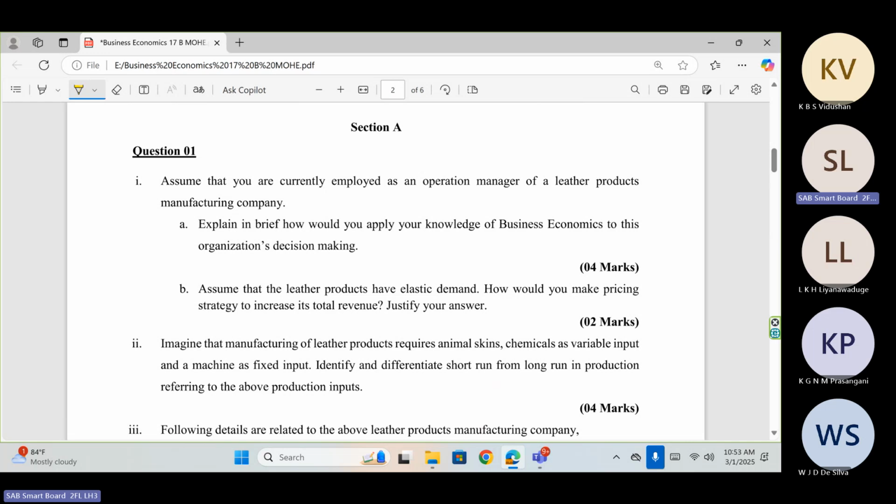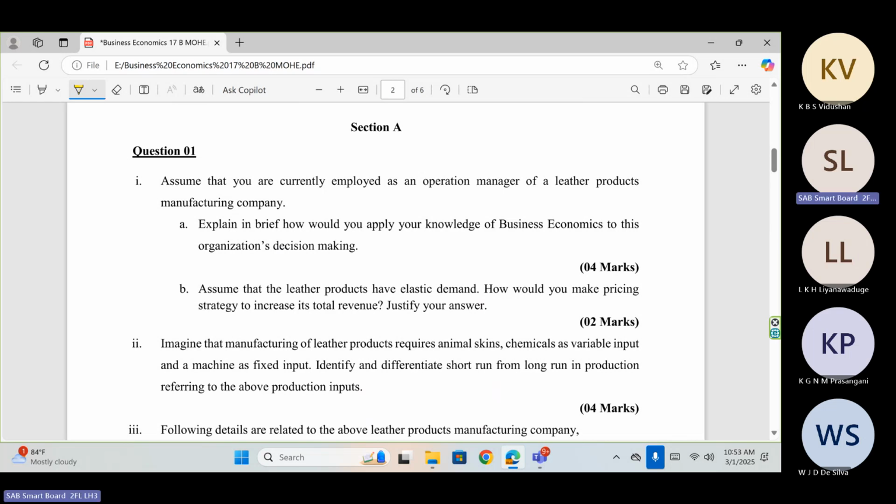One is the production decision. Regarding the production decision, there are three sub-decisions: optimal level of output, shutdown point, and the total profit at optimal level of output.